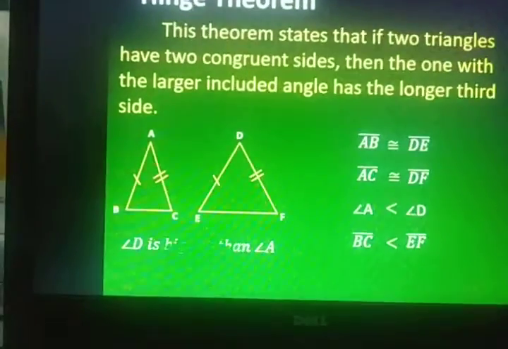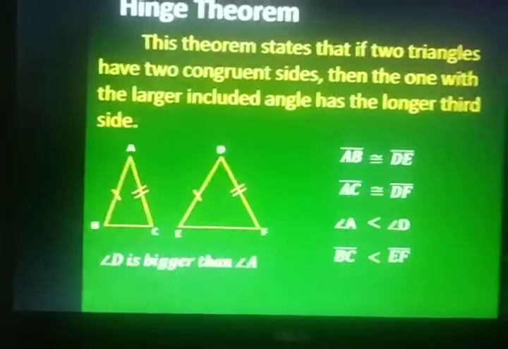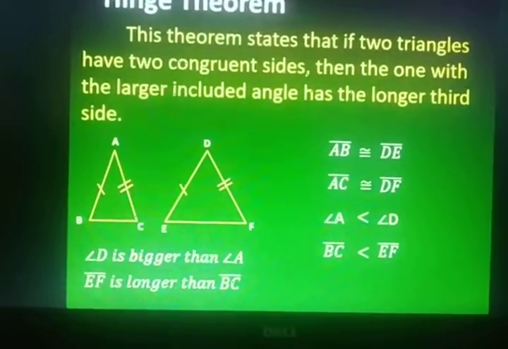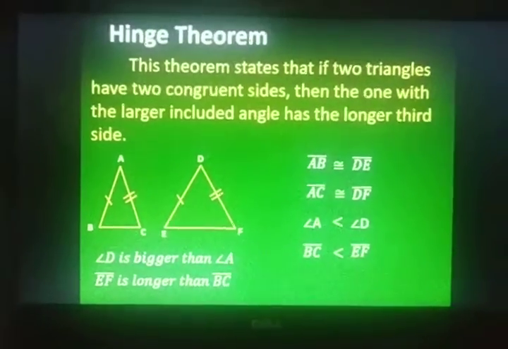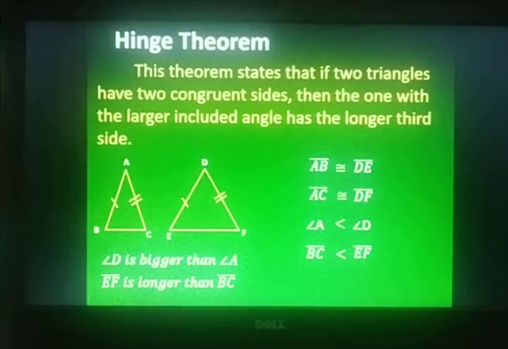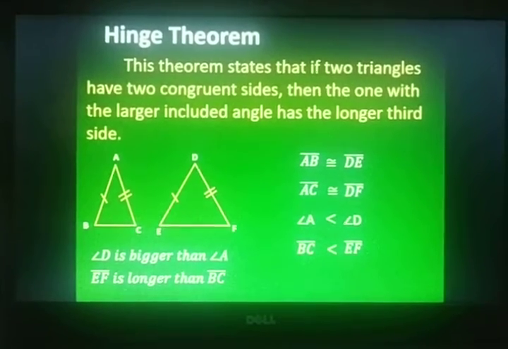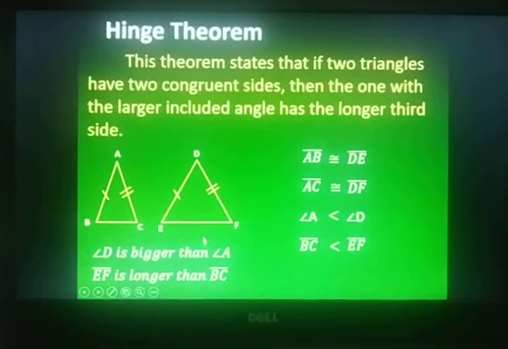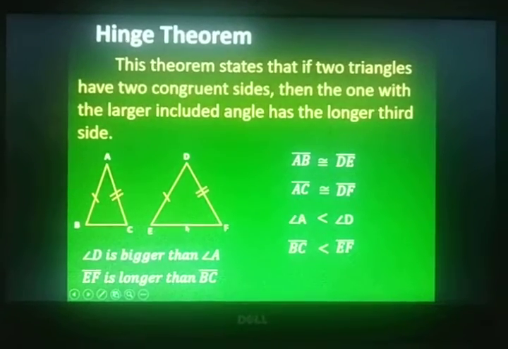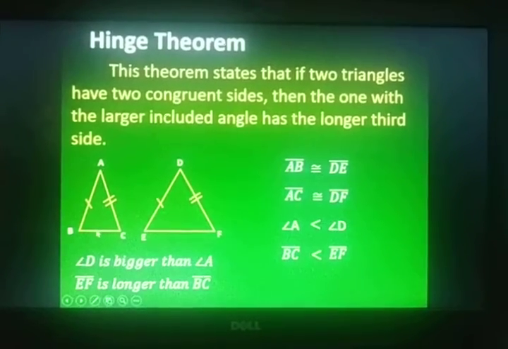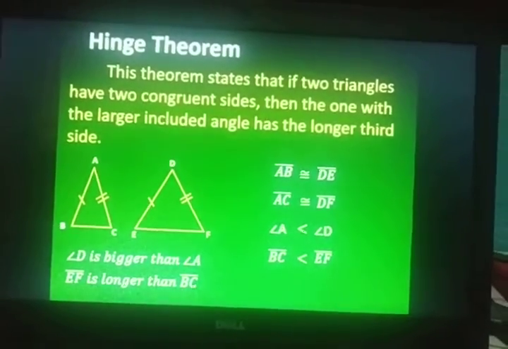Okay, this means that angle D is bigger than angle A, which also means that EF is longer than line segment BC. Remember, sa Hinge Theorem, you take a look first at the angles. Then, you can say kung sino ang opposite side nga laba. The bigger the angle, the opposite side is longer. So, the smaller the angle, the opposite side is also smaller, shorter or lipot.